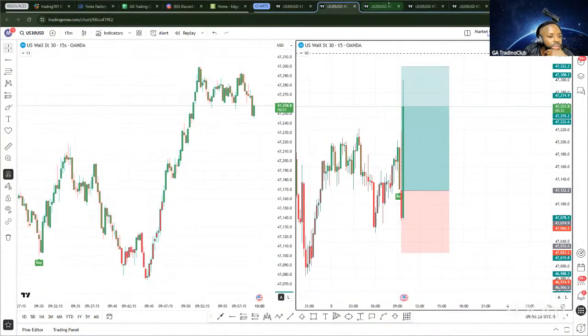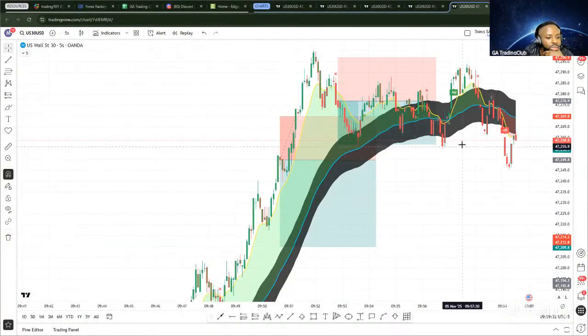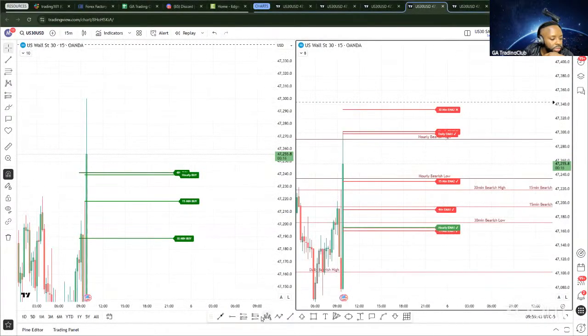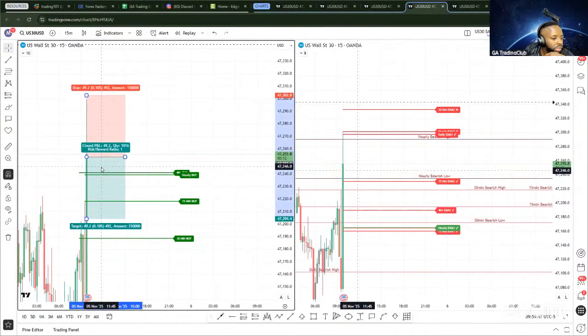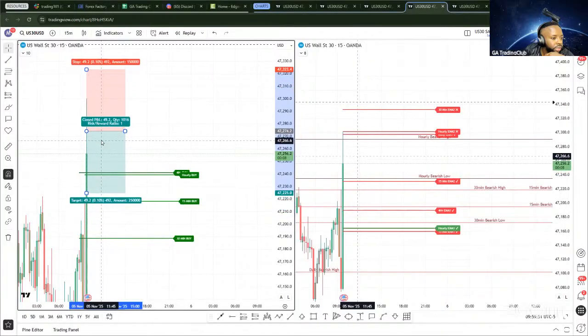I don't think I took a screen grab of this trade here. So this one is 47250, 47277. This was based on this, so 277.